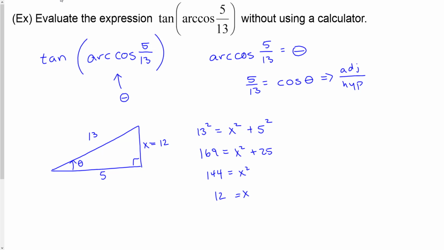So then we don't know what angle measure theta is. But since we know all three sides of the triangle around angle measure theta, we can now answer what the tangent of theta is. The tangent of theta is the opposite side over the adjacent side. So the answer here is 12 fifths.